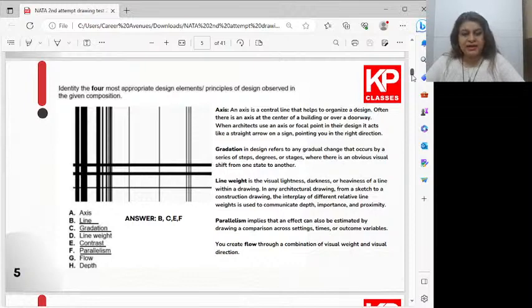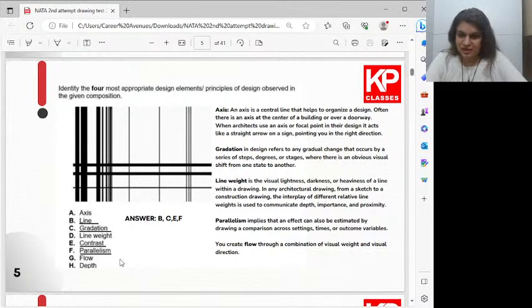Then yes, the next option is contrast, which is the answer, right? Then the next option is parallelism. So over here, the four options are line, gradation, contrast, parallelism. Now, what is parallelism? Parallelism doesn't mean parallel lines. Don't take it in that particular sense. Somebody would look at this image and would assume that, right?